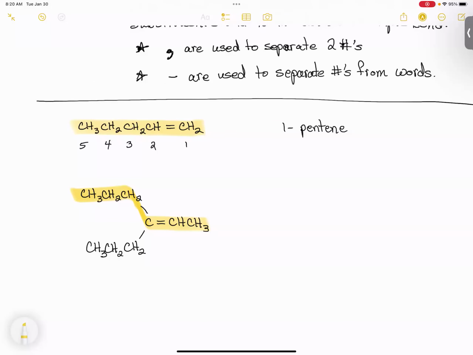And with an alkene, the double bond has to be in the longest chain. So that's why we went 1, 2, 3, 4, 5, 6.